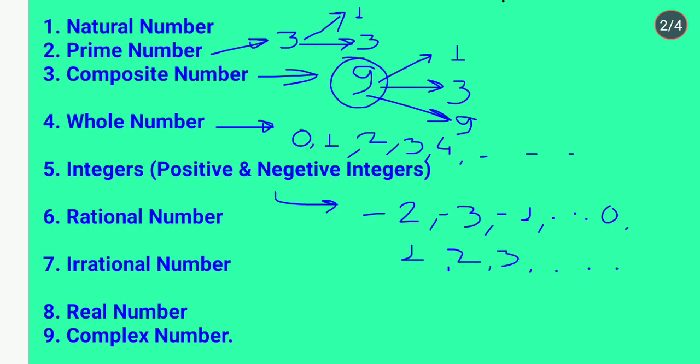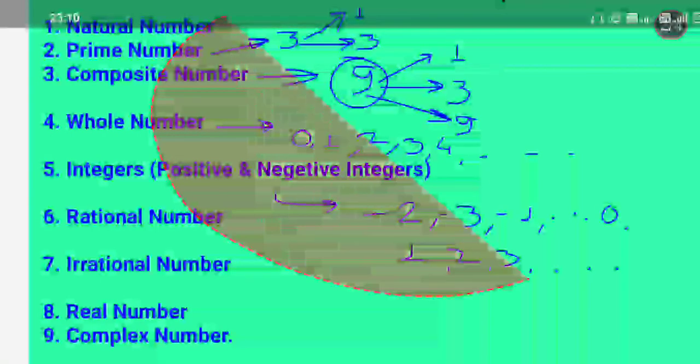You have already seen this in your previous classes in the number line series. You have already covered these things. So moving on to the next, what are rational and irrational numbers? These are two different kinds of numbers.